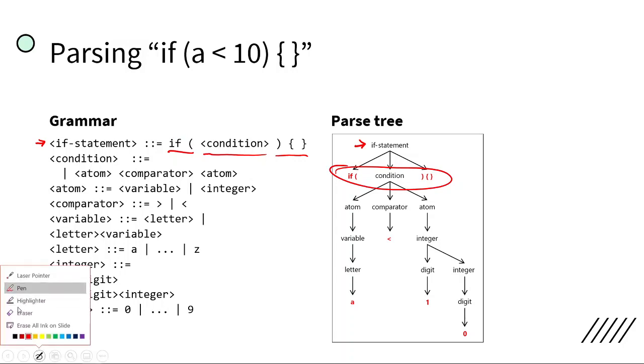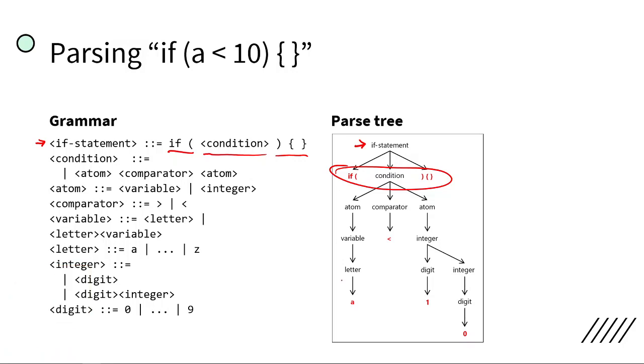Then, after that, we can break down condition. If we take a look, condition can be an atom, comparator, and then atom. That's its definition: atom, comparator, and then atom. Afterwards, an atom can either be a variable or an integer.